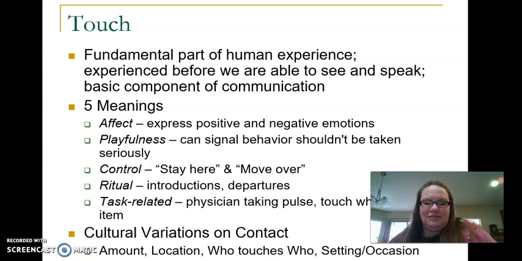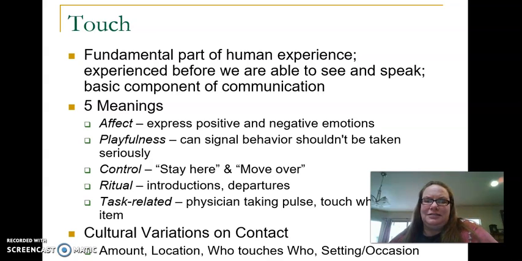The one that's easiest for me to talk about is the control one. I think about when my kids were little and we would go into a shop that had a bunch of glass. I would put my hand on the back of my kid's neck, just hold onto their neck a little bit, in a way of saying, hey, stay right here by me. Or maybe holding their hand to bring them with me.